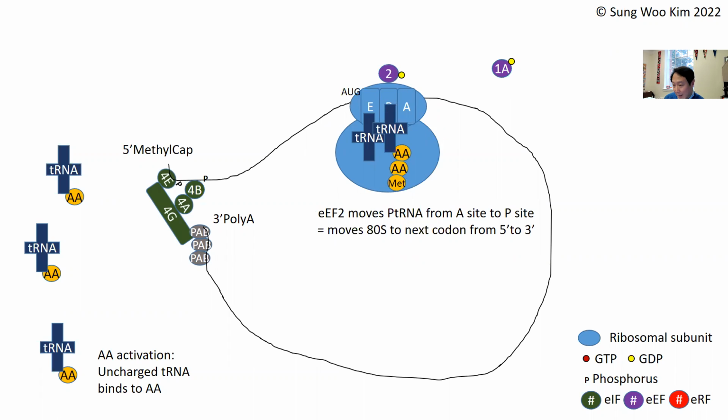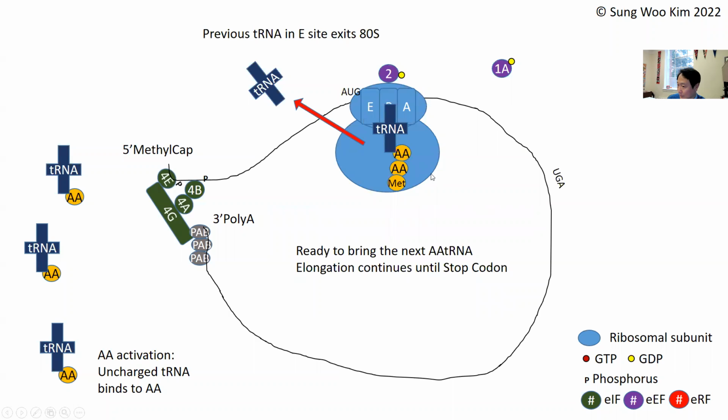So what's going to happen next? This tRNA, which transferred the dipeptide to the new amino acid tRNA, is free now, and it is on the E site, the exit site. So this tRNA will leave. Same thing happened, but the difference is this tRNA in the P site has a longer peptide. Now it's a tripeptide.